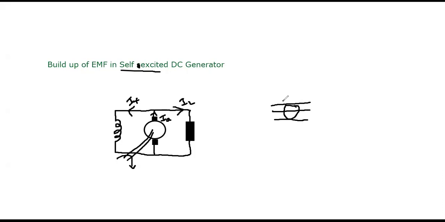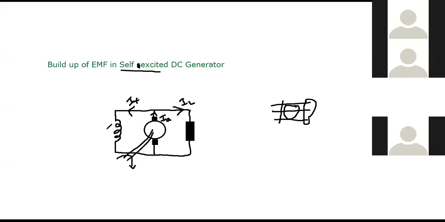Since the magnetic field is cut by the armature conductor, only then is the current produced. So this conductor is very important, and this magnetic field is very important. This magnetic field is produced by the field winding.